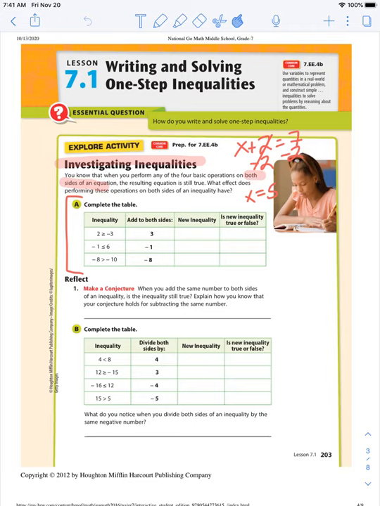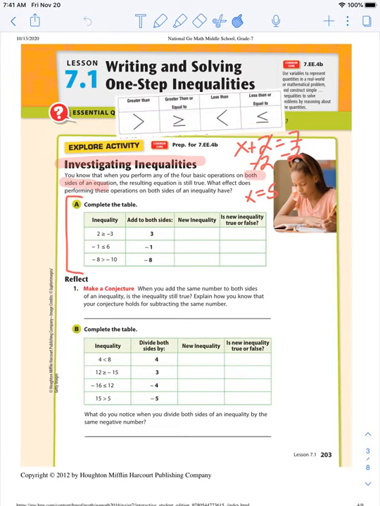Quick refresher on inequalities. You'll see a table just appeared up here. These are our inequality signs, so we have greater than or equal to, less than, and less than or equal to. It is or equal to if it has the line under it. And then the sign always points to the smaller number and it eats the bigger number.